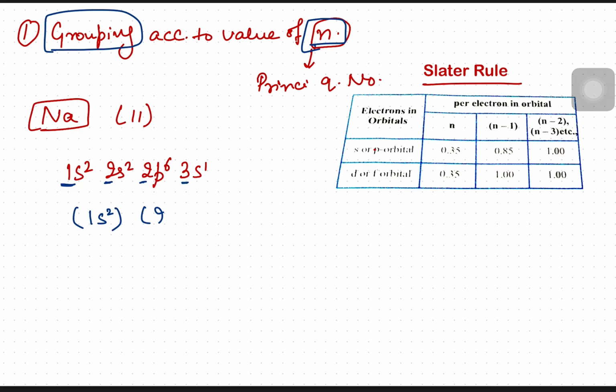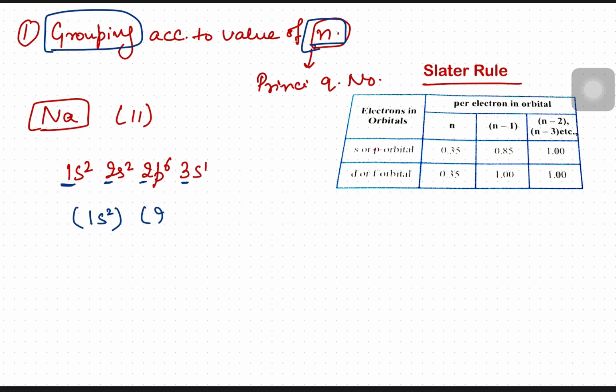Now if you are asked to calculate the Z effective for iron, we know that the atomic number of iron is 26. Write down the electronic configuration: 1s2, 2s2, 2p6, 3s2, 3p6, 4s2, 3d6.